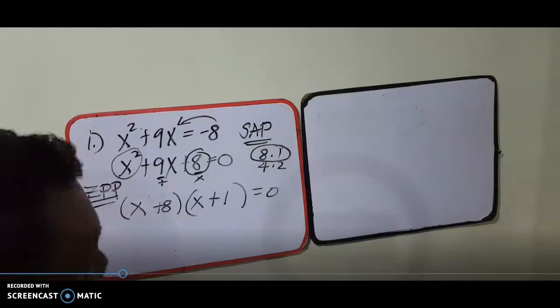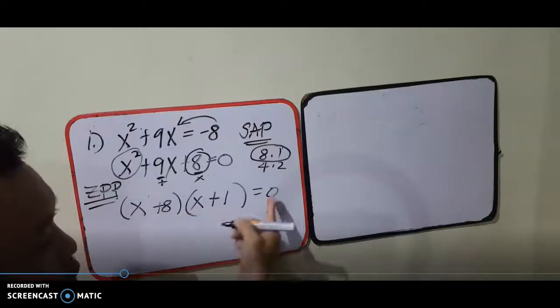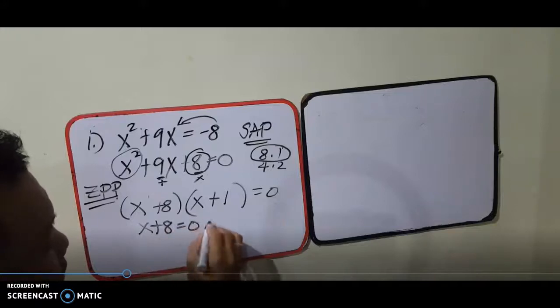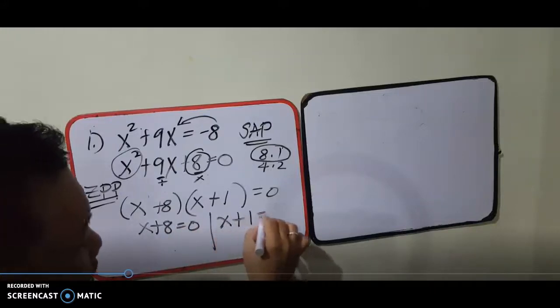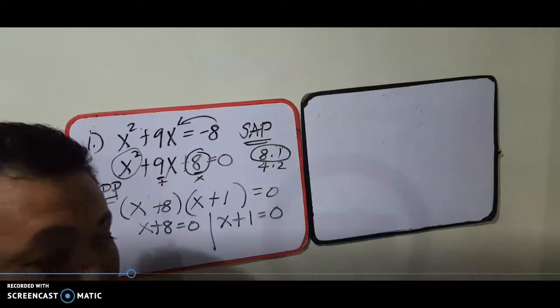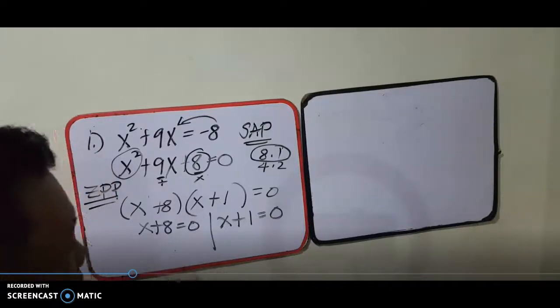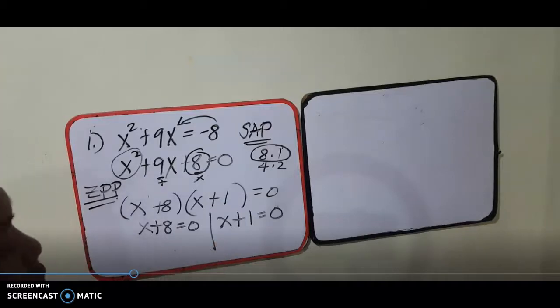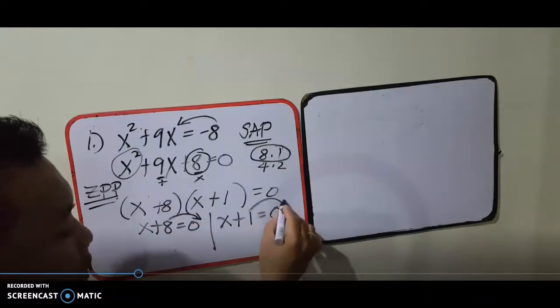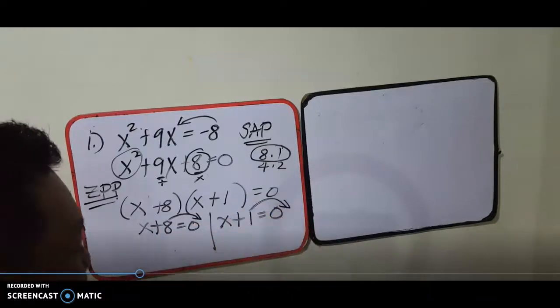So paano yun? We are going to separate these two factors and equate each to 0. That will be x plus 8 equals 0, then x plus 1 equals 0, because we know that a quadratic equation has two roots. So we find its roots by using factoring. Solve for x by moving 8 and 1 to the other side of the equation.